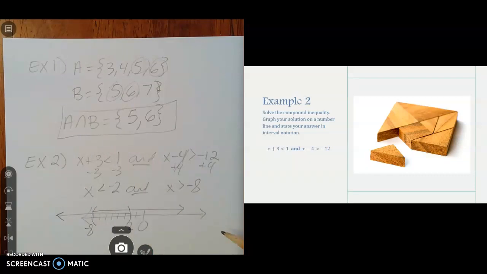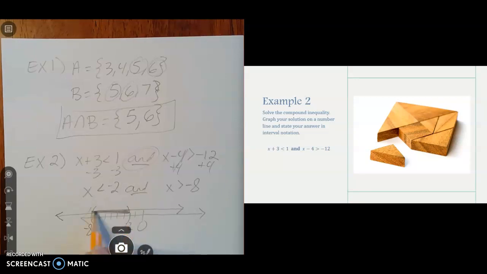You see how I'm graphing those things kind of on top of each other? For those "and" inequalities, you're looking at the intersection. You're looking at where they overlap each other. And where they overlap is right here. If you notice both lines on top of each other, this is the intersection. So I'm going to shade that so I know that that's my solution for the compound inequality.